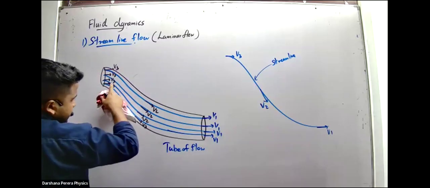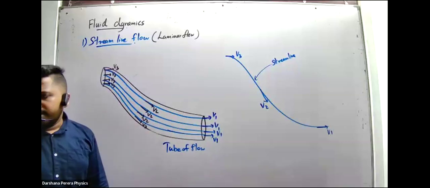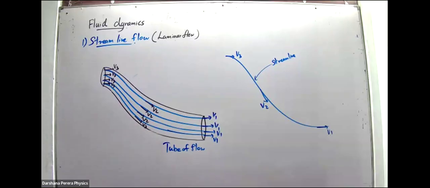Number two: laminar flow is identical. How can we see the streamline flow in real life?